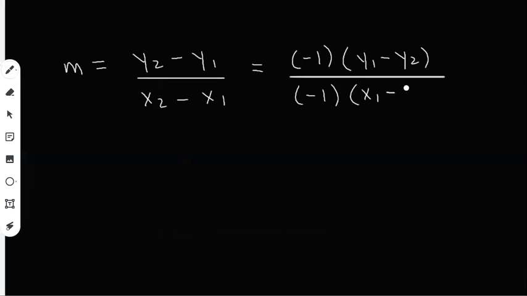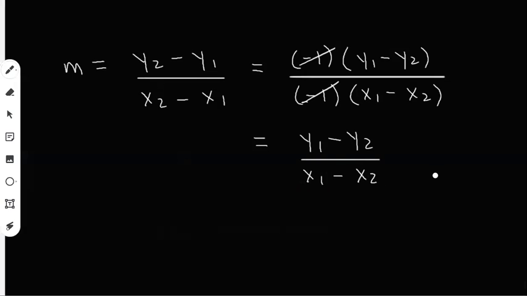I'll get x1 minus x2. So now notice how you have a -1 on top and a -1 at the bottom. If I was to divide -1 by -1, I would get a +1. So these actually cancel out, leaving me with y1 minus y2 on top and x1 minus x2 at the bottom. So those two formulas are the exact same thing.